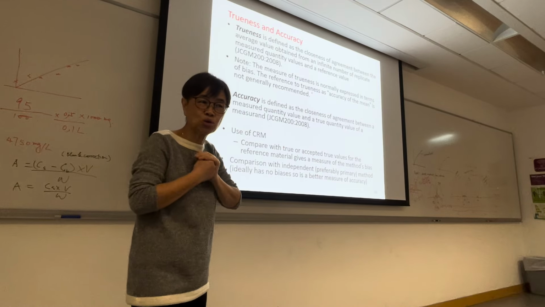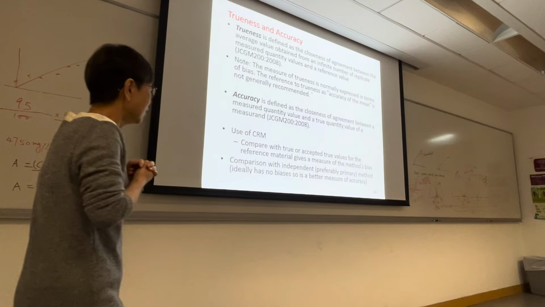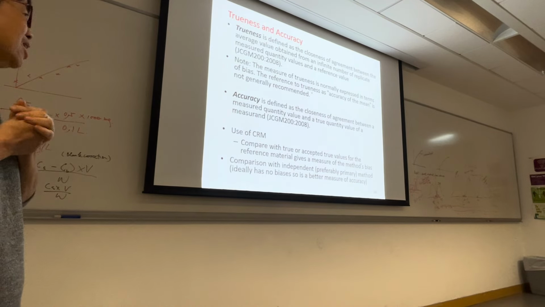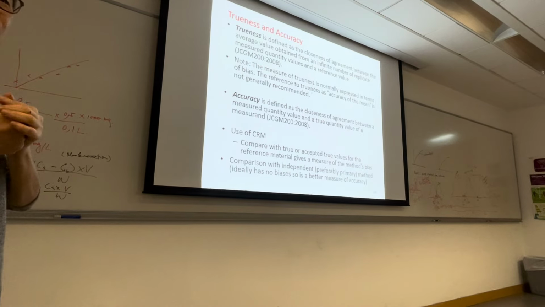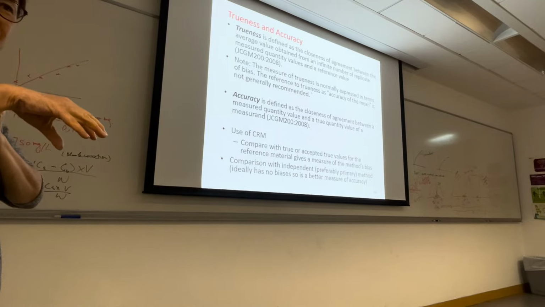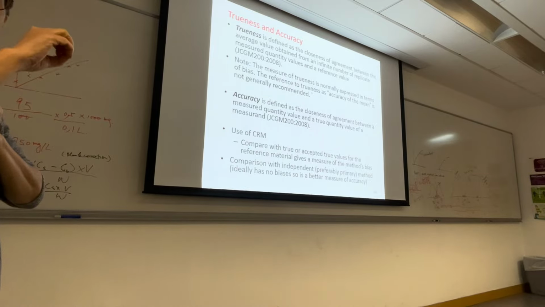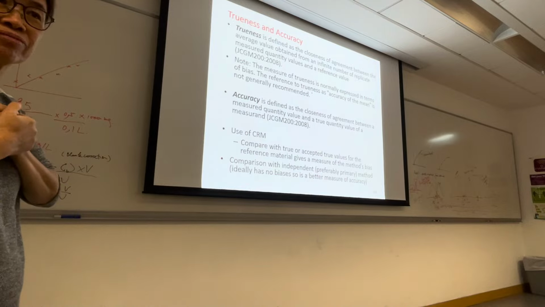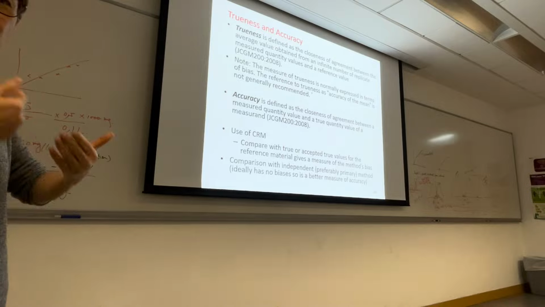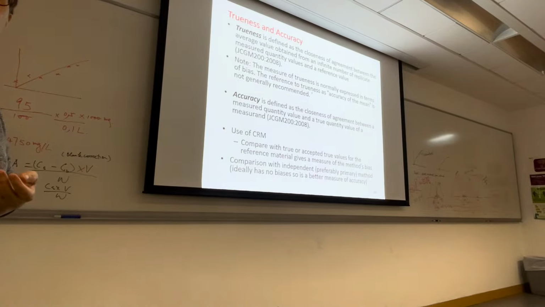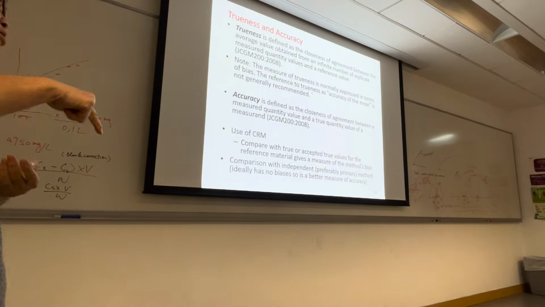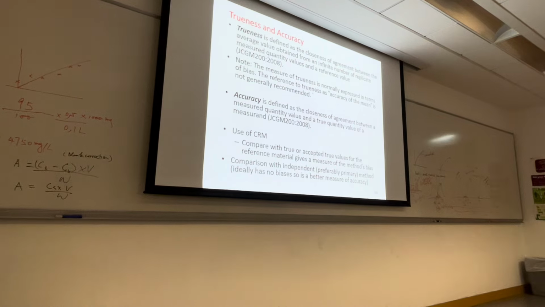Okay, that is a trueness study. Another trueness study is comparison of your result with another accredited and validated method. That is also a trueness study. Either comparison with CRM or comparison with another method.